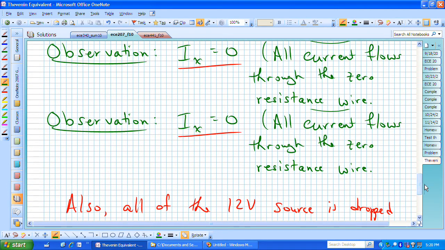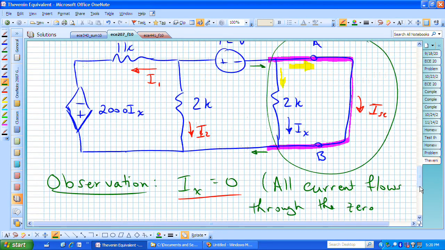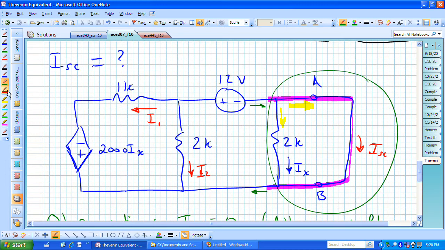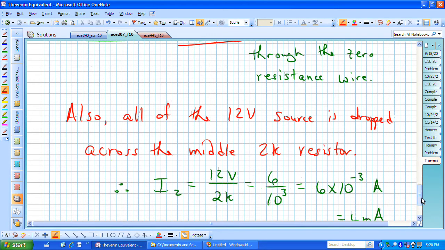If we're doing that and realizing that I sub x is equal to 0, what we have dropped across the 1K is also the 12 volts.